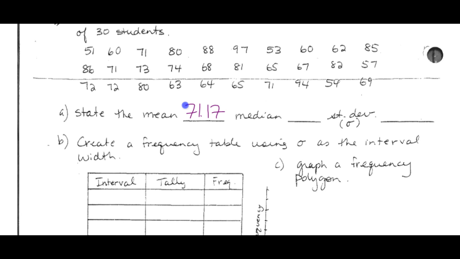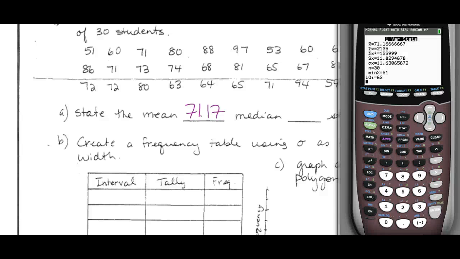So let's do this. If rounding is not mentioned, let's round to 2 decimal places. It is 71.2 as 1 decimal place, but as 2 decimal places, it's 71.17.